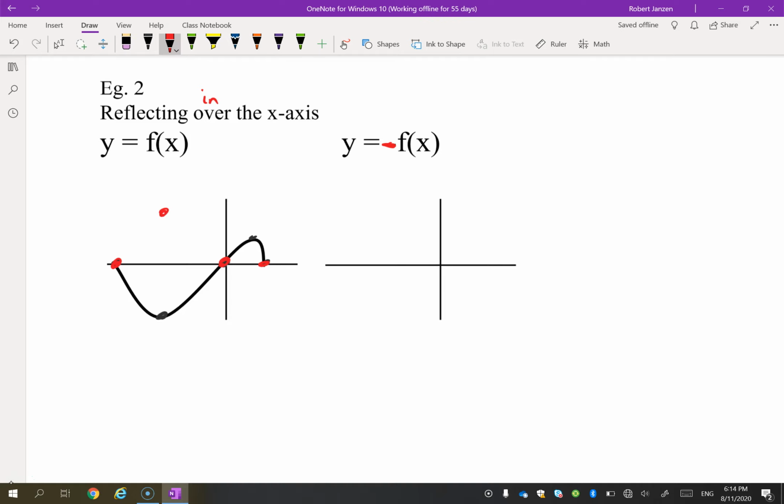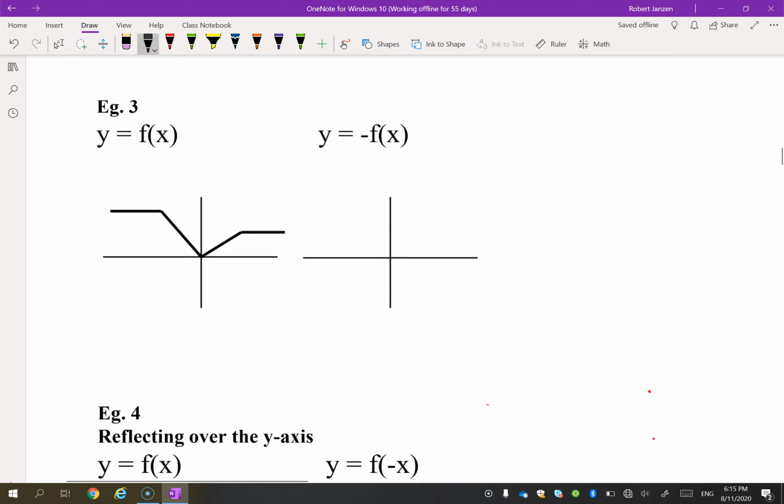This one would go over the x-axis and it would end up over here. And then if I connect the dots, it's like that. Okay, now on your exam, a lot of times what they do is they give you that first graph and then they'll give you another graph, and the original is very lightly penciled in like that, and then you would reflect using that second graph.